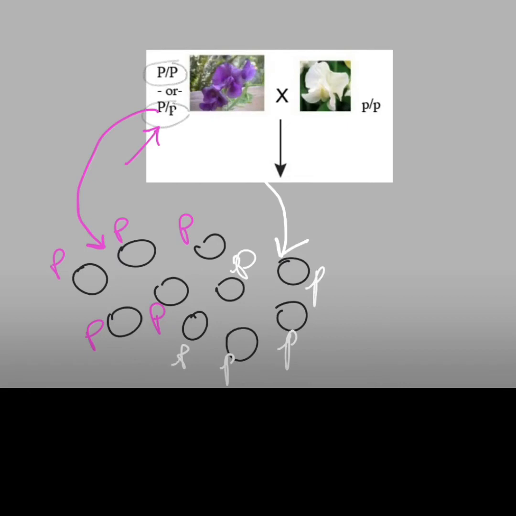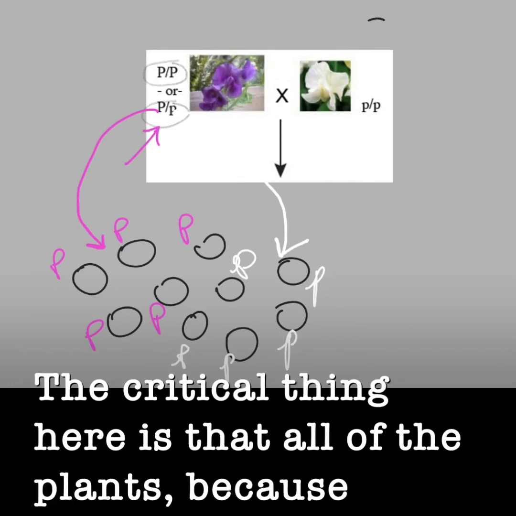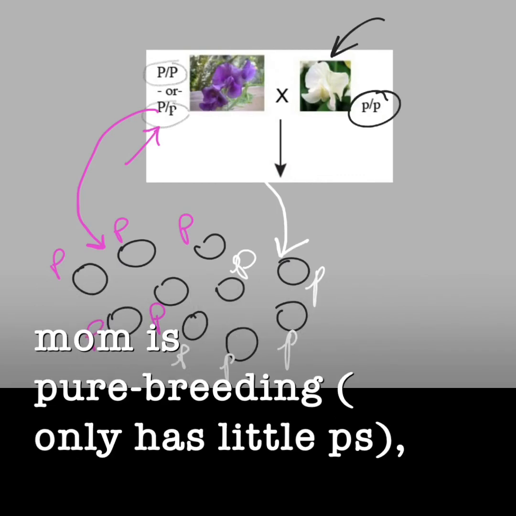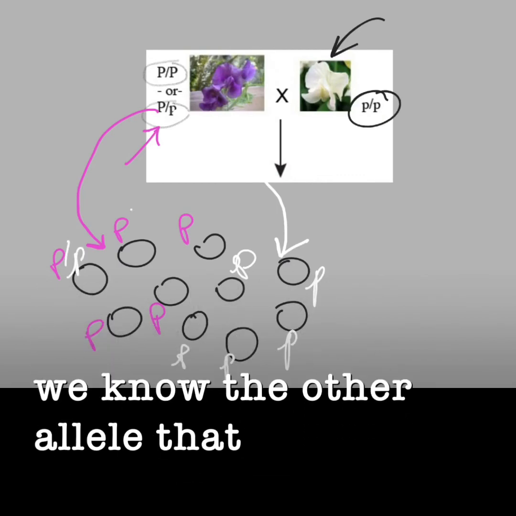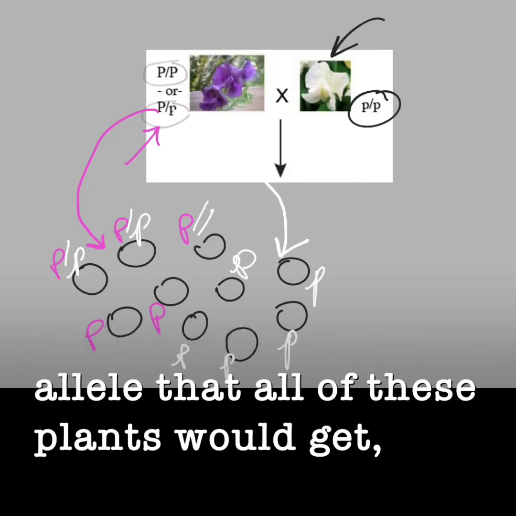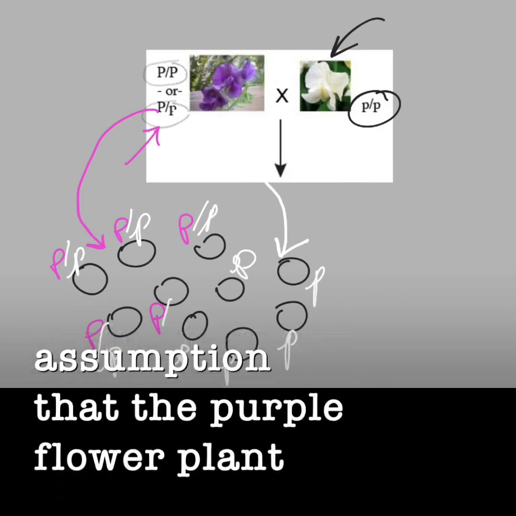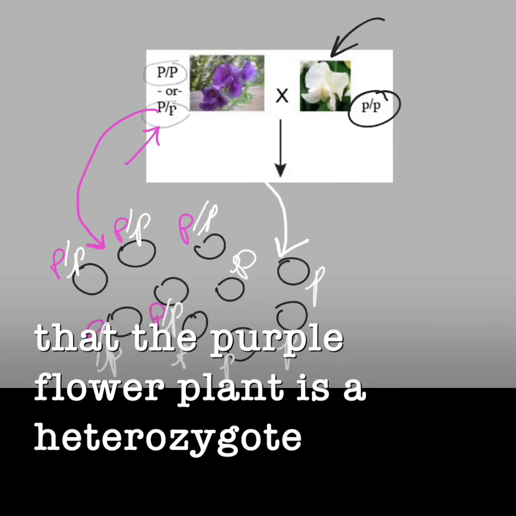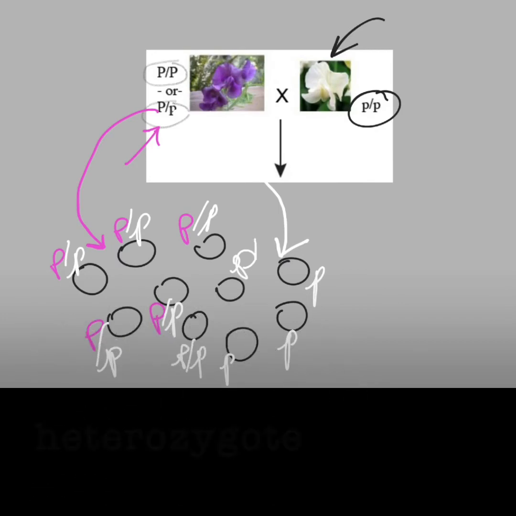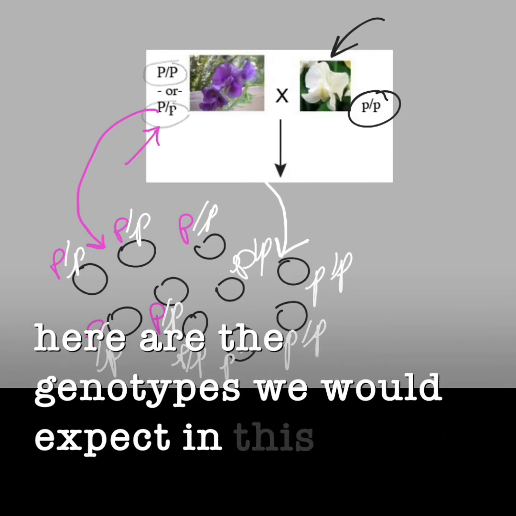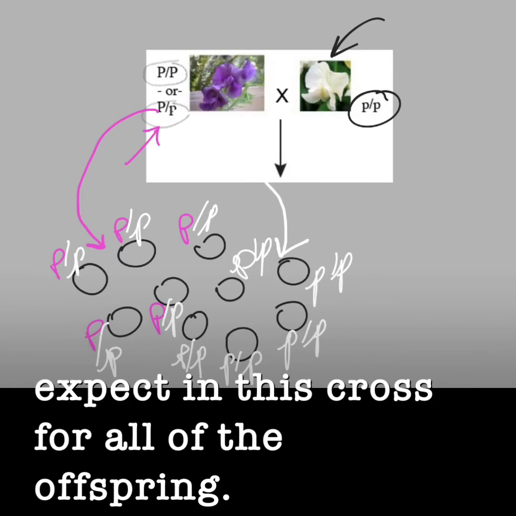Okay. Now, the critical thing here is that all of the plants, because mom is pure breeding, only has little p's, we know that the other allele that all of these plants would get, again, given our assumption that the purple flowered plant is a heterozygote, here are the genotypes that we would expect in this cross for all of the offspring.